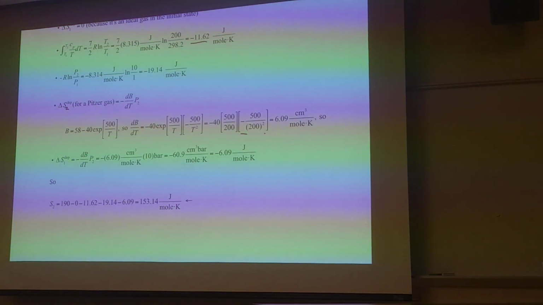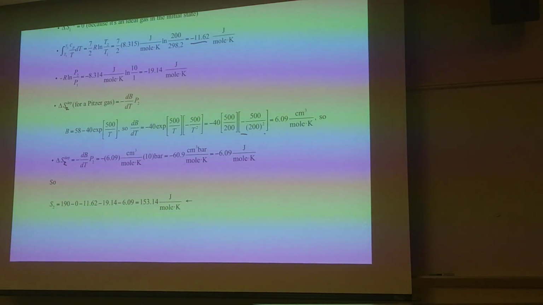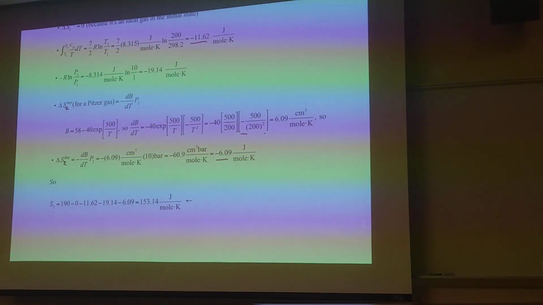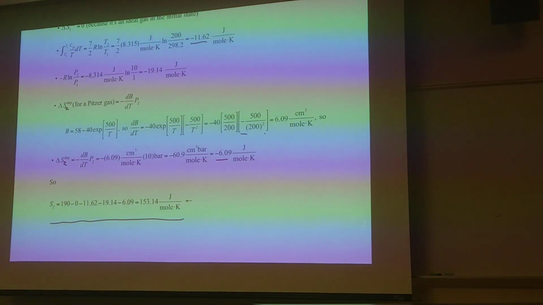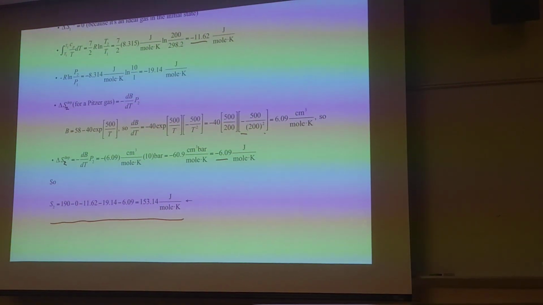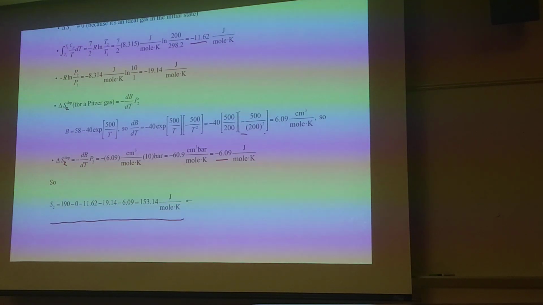And you plug in and end up with 6.09 cubic centimeter per mole K. So again, this should be a 2. And we work that out, and we get minus 6.09 per mole K. So putting all the pieces together, we get a value here of 153.14 joules per mole K. If you did all of this, set it up right and got the wrong arithmetic, I gave you full credit. I didn't take anything off for arithmetic mistakes.